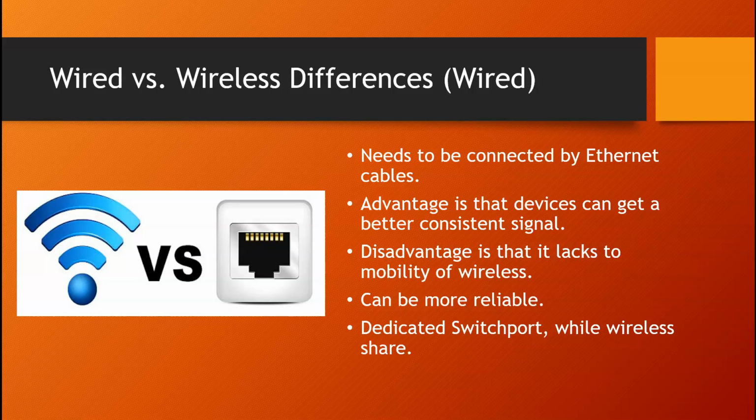Also, another important note is that switch ports are usually dedicated to your network, whereas with wireless, you share it. Because with routers for wireless, usually you'll have multiple devices connected at once. Whereas with wired, physically, you can't have two cables connected in one port. It's just not going to work.